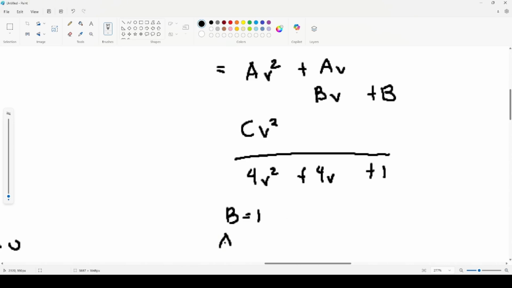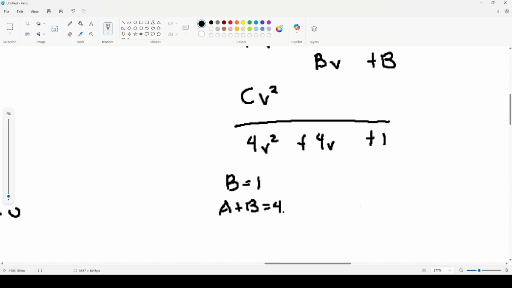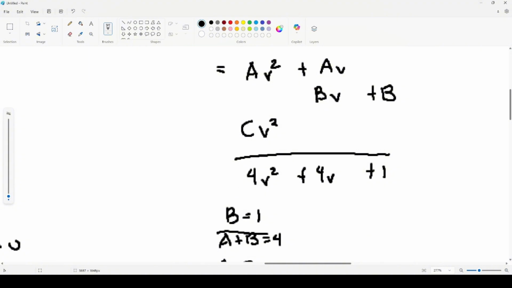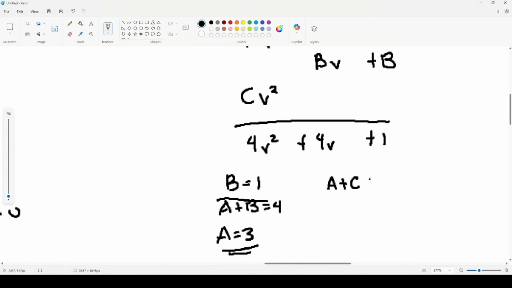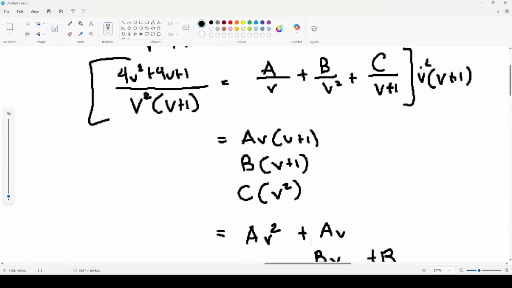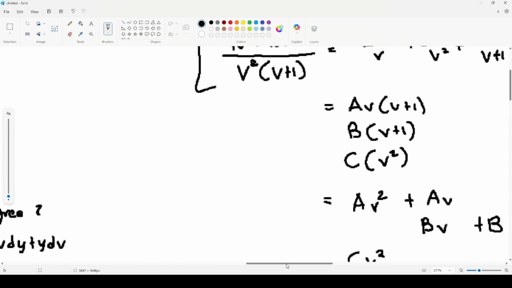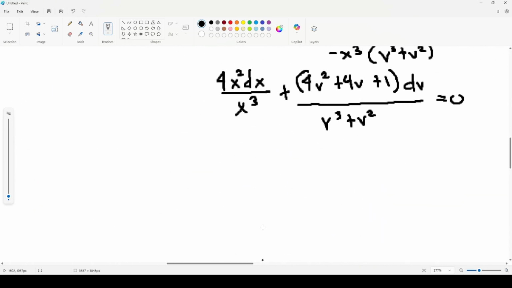If B is equal to 1, A plus B is equal to 4, meaning A is equal to 3. And if A is equal to 3, A plus C is equal to 4, so C is equal to 1. So A is 3, B and C are 1. We can now go back to this one.